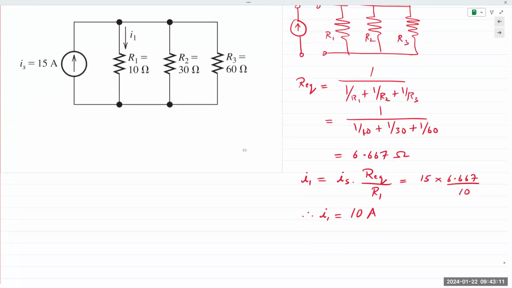And similarly, you can find it for I2 and I3. I2 would be IS times REQ over R2, and I3 would be IS times REQ over R3. That's it.